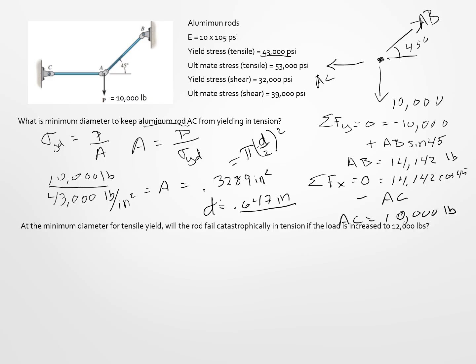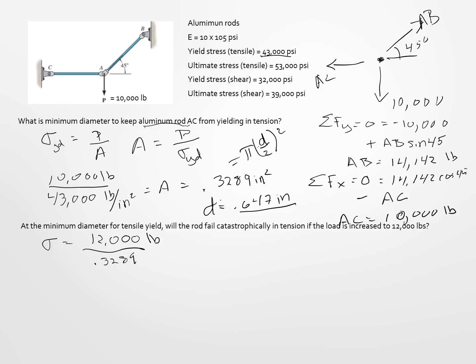We know that at this diameter it will start to yield, but will it actually fail in tension? Well, let's see. In order to determine that, I need to see what is the stress that's developed. So the stress is going to be the 12,000 load divided by that cross-sectional area, which is 0.3289.